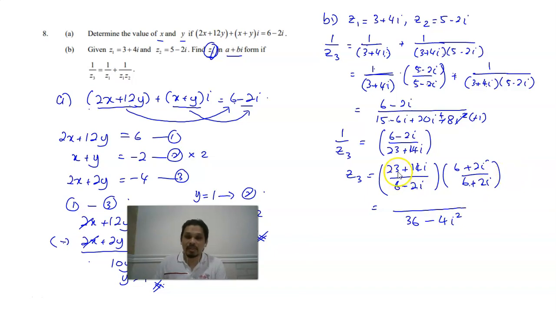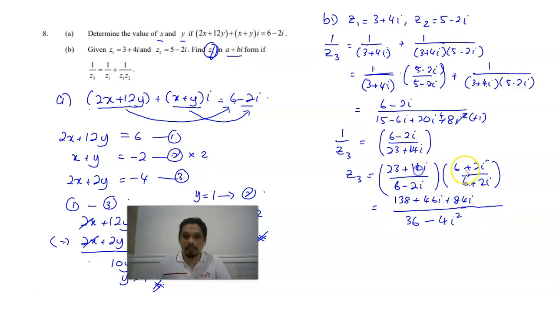Okay, so slowly in here, 23 times 6, 138. 23 times 2, 46i. 14 times 6, 84i.